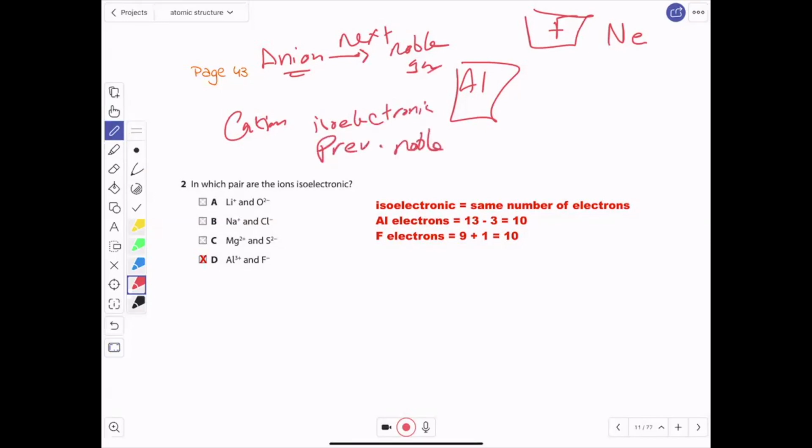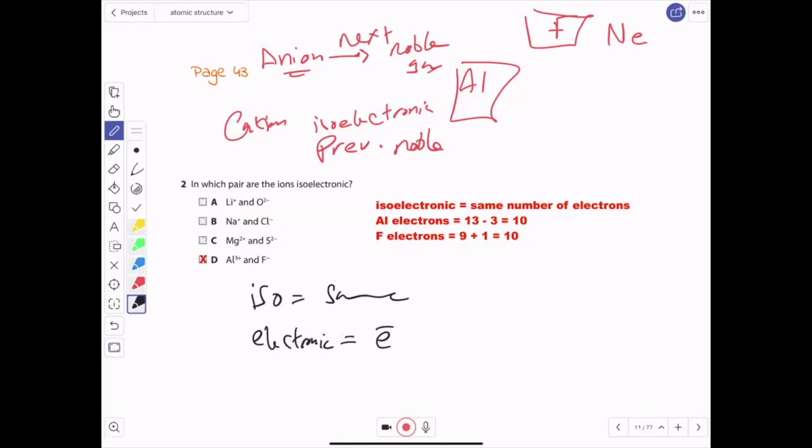Sir? Yep. I really don't understand what isoelectronic means. Iso means same. So iso is same. Electronic means electrons. All right. So when I say isoelectronic, this stands for elements that have identical number of electrons.